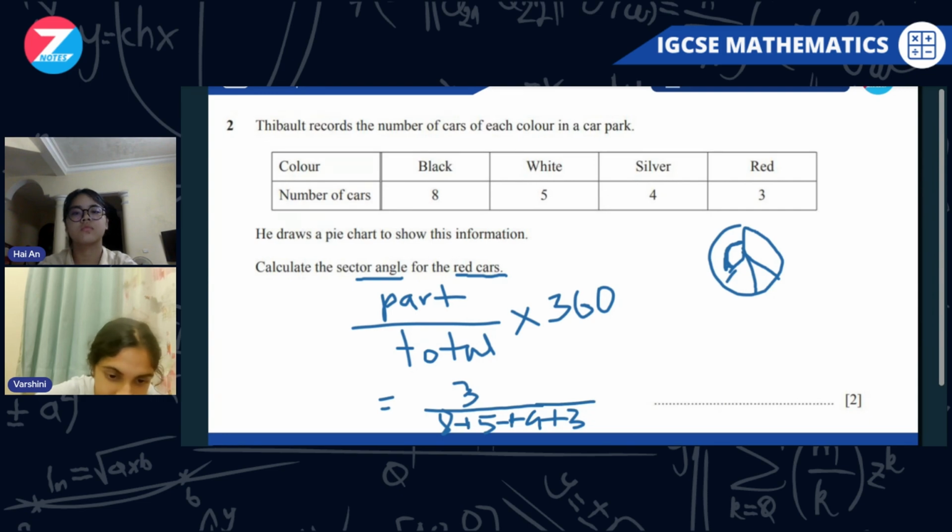You can just put this directly in your calculator and don't forget to add the brackets. And again, multiply it into 360. If you put this in your calculator or do it manually, but always make sure you recheck, you should get 54. So 54 is our answer.